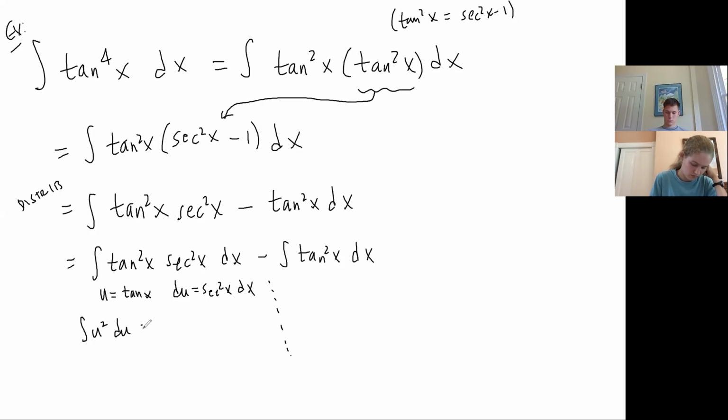Now I was wondering, could you take tangent squared and just do the same thing, where you make it secant squared minus 1? Yeah, I was wondering if that's an option or no. You can try it. If you change this and then you distribute back through, you'll get secant to the fourth. And you can do that, although you're making it harder.